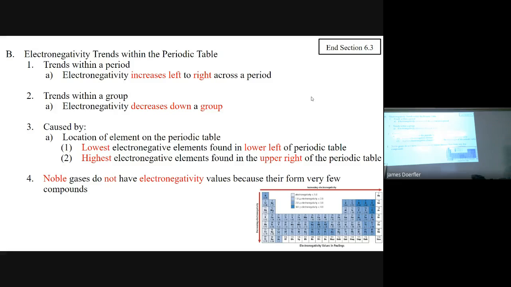Vertically speaking, in a group, electronegativity is going to decrease as we go down a group. The lowest electronegative elements are found in the lower left of the periodic table, and the highest electronegative elements are going to be found in the upper right.